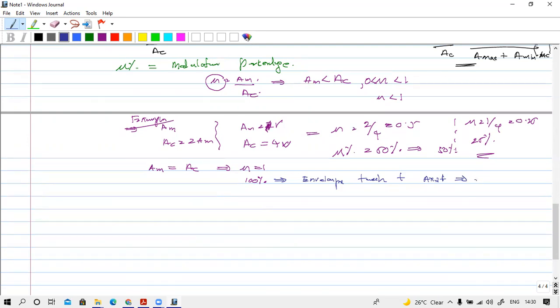But this is not guaranteed. So for AM modulation, mu should always be less than 1. That is the guaranteed value for mu.